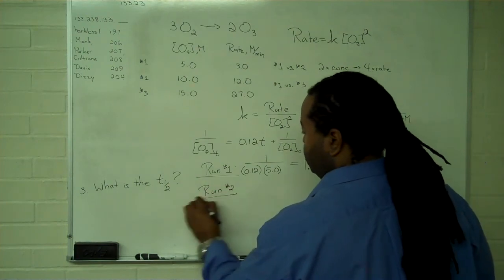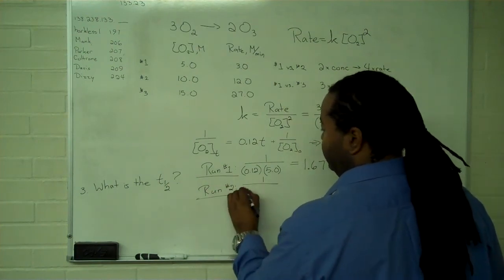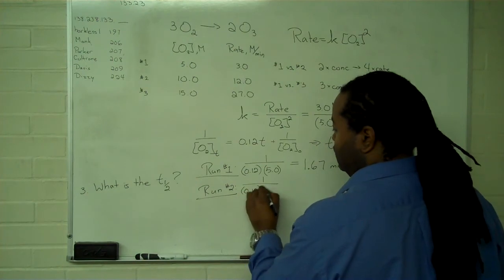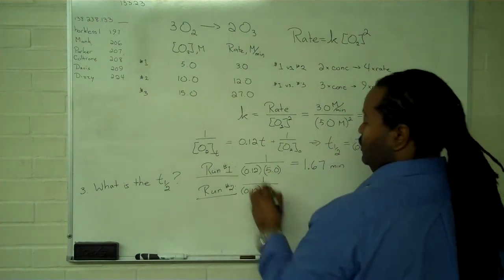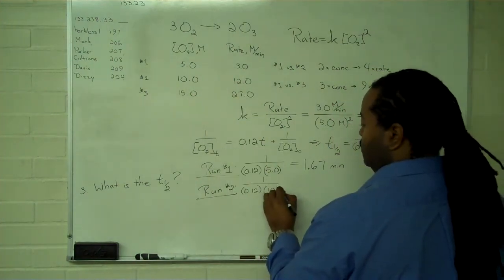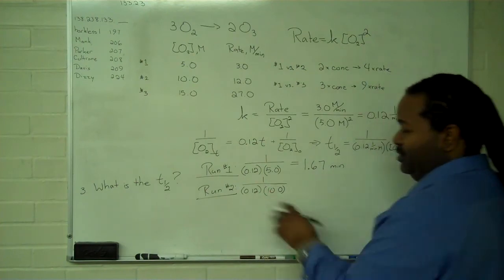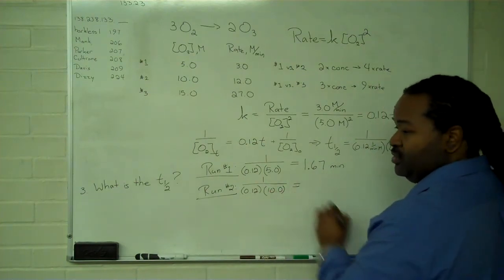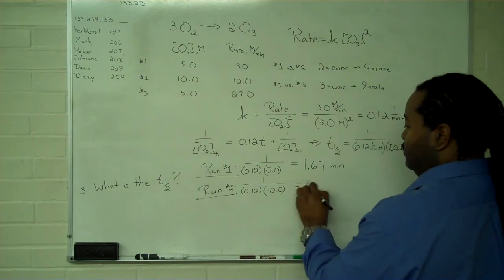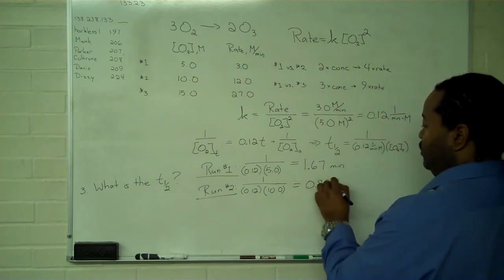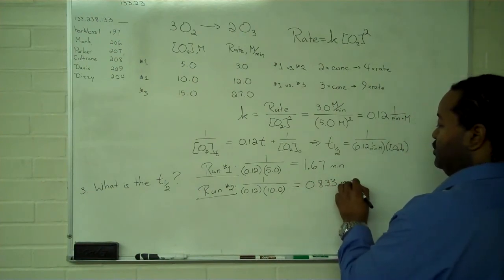For run number 2, that half-life is, again, the rate constant, 0.12 times 10, and all of that is in the denominator. So this gives us a value of 0.833 minutes.